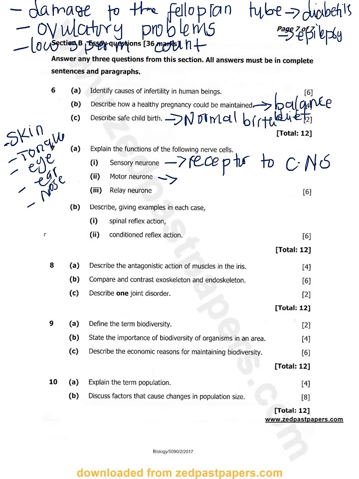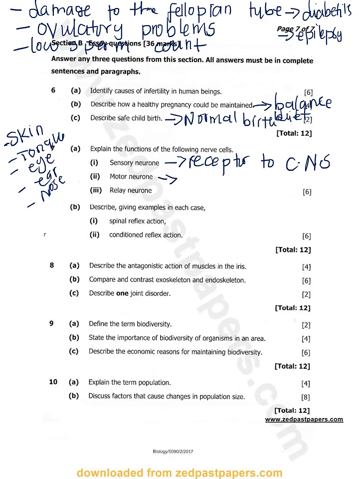Some information is interpreted in the spinal cord, namely that involved in spinal reflex actions. These actions are automatic, happening without our consent, because they are there to protect us from environmental damage.